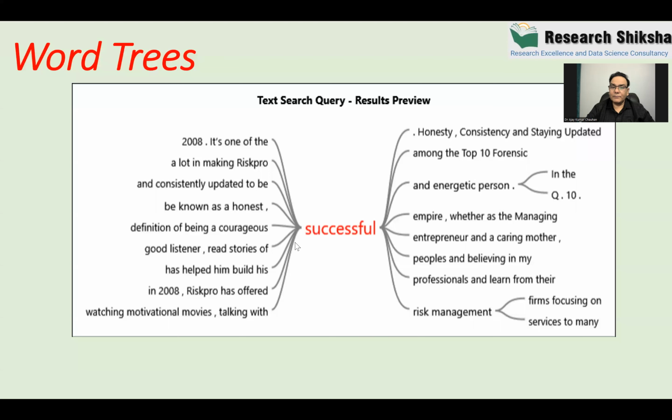So if you type the construct name, you can identify the different words which come before that and the words which come after that. So this technique is very, very useful in a systematic literature review, or if you are doing a thematic review. So we will see how this technique can be done in Orange today.